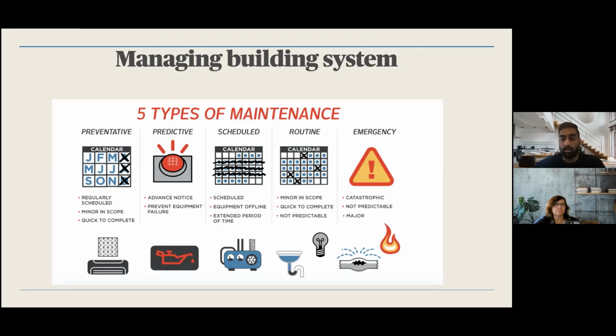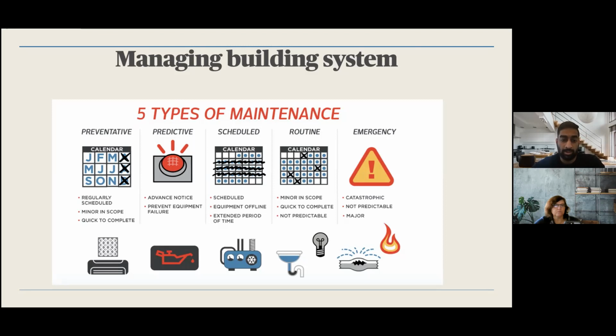Scheduled and routine would be for minor work and for increasing the efficiency of the machines, and emergency can come up anytime. So for all five maintenance types, the maintenance team should be equipped and should have plans in place so that the building is under high efficiency.